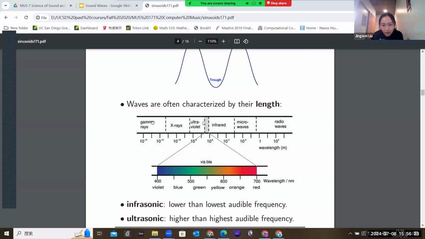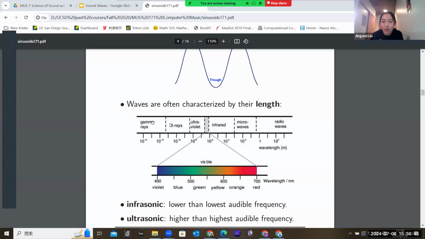The wavelengths below this range are called ultraviolet, X-rays, and gamma rays. Above this visible range are infrared, microwaves, and radio waves. We cannot see those waves, but we use them all the time in real life.